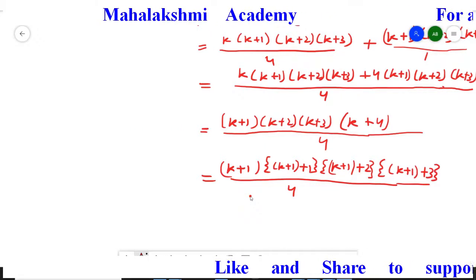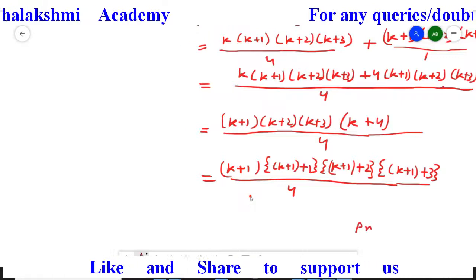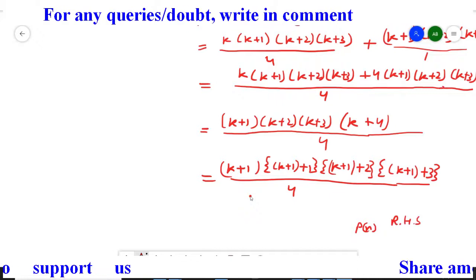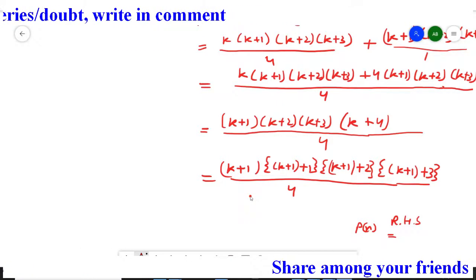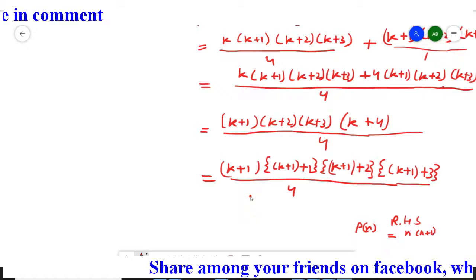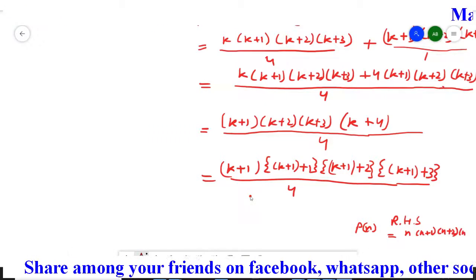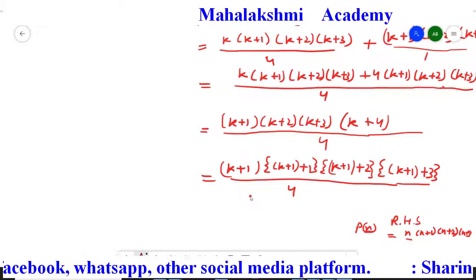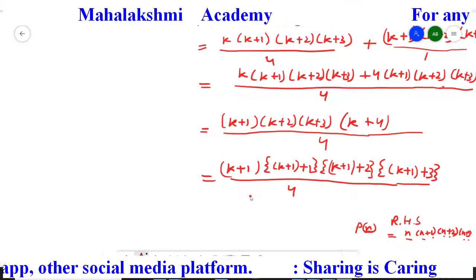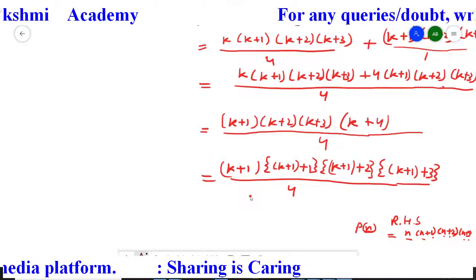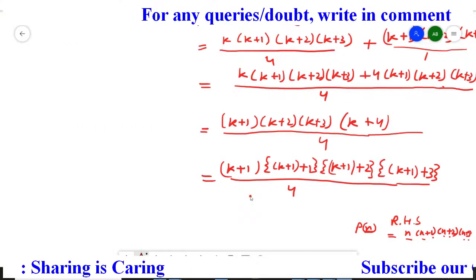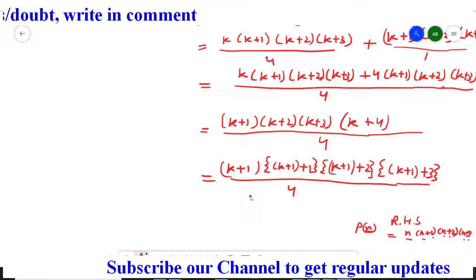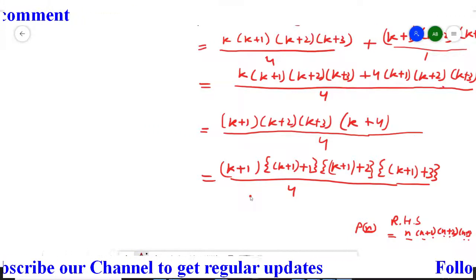Now why have I done this? Because in the Pn statement, in the right hand side, students, you had n, then n plus 1, then n plus 2, and here you have n plus 3. So if n is there, at that time you wrote n, then n plus 1, then n plus 2, then n plus 3. That's why when we have k plus 1, it is going to be k plus 1, then k plus 1 plus 1, then plus 2, and then plus 3. So successfully we have proved Pk plus 1 is true.